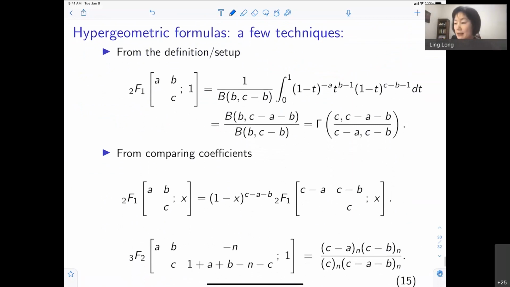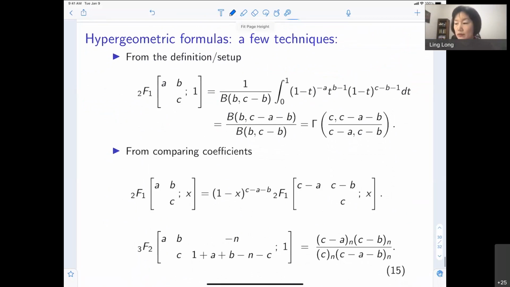Some of the techniques include one of the very direct ones from the definition. If I want to compute 2F1(A, B; C; 1), we just use directly that this can be written as the period function divided by the normalizing factor.